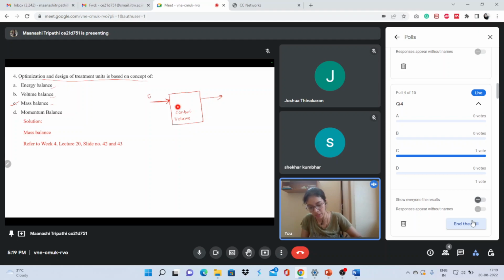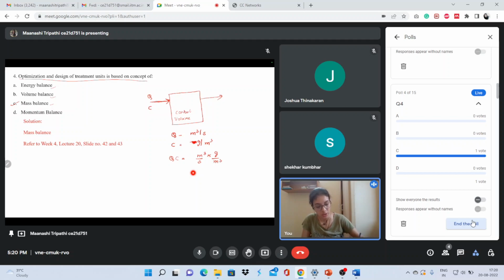Some Q is coming. Q means flow. Some concentration is coming. What is the unit of Q? Let's say meter cube per second. What is the unit of concentration? Milligram per meter cube or gram per meter cube. When we multiply Q into C, what will be the unit? Meter cube per second into gram per meter cube.